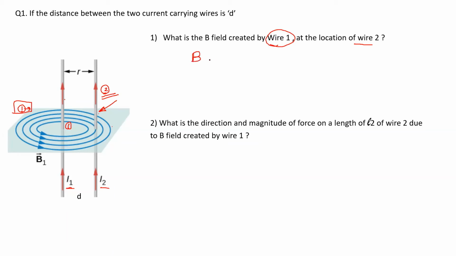We know the B field created by a wire is given by mu naught I divided by 2 pi times distance. The second wire is d away from the first wire, so your distance is d. So this is the B field created by the first wire, B1.